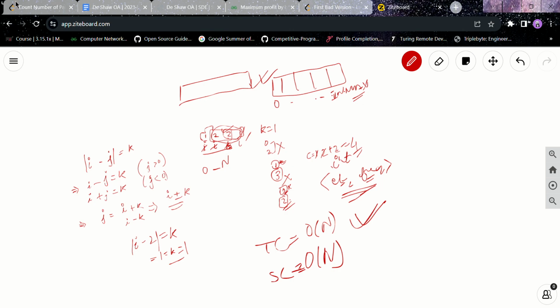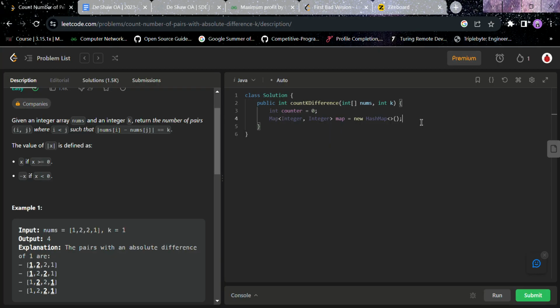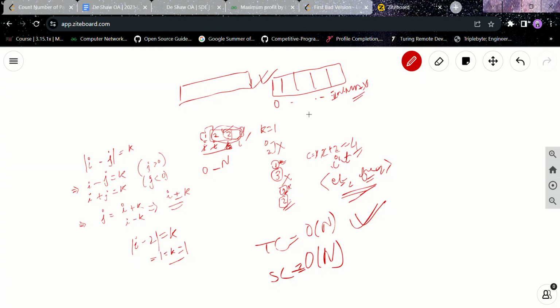Okay, now let's code it up. We'll have a for or while loop. I'm using a for loop, int i equals to 0, i less than nums.length, i plus plus. Now we'll check if i plus k or i minus k is present or not.